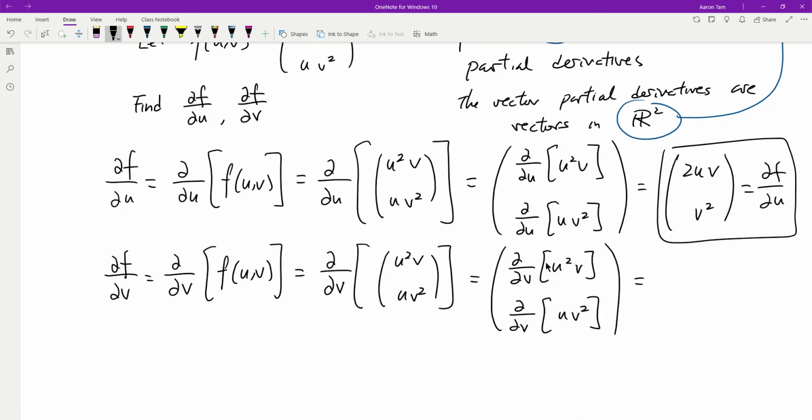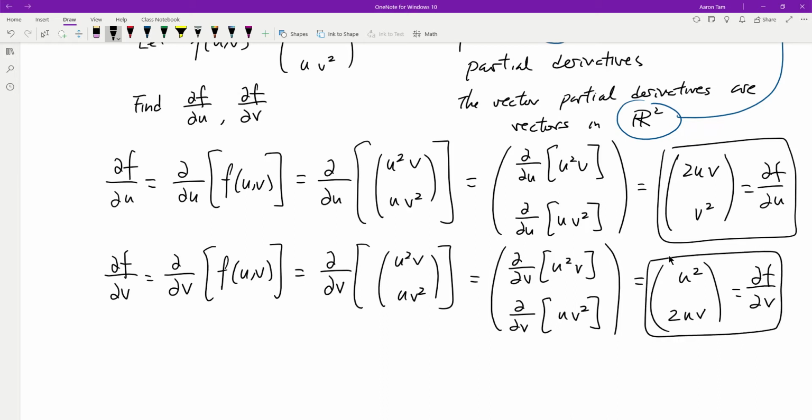When I differentiate u squared v with respect to v, u squared is a constant, the derivative of v is 1, so it just becomes u squared times 1, which is u squared. And differentiating u v squared, u is a constant, the derivative of v squared is 2v, so it becomes 2uv. So this is what the partial derivative with respect to v looks like.